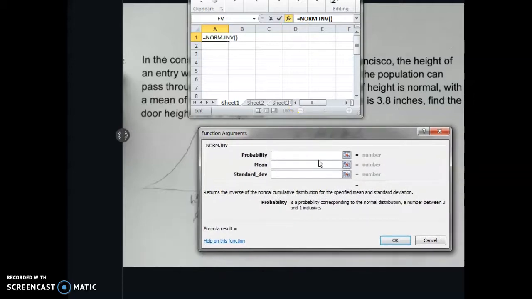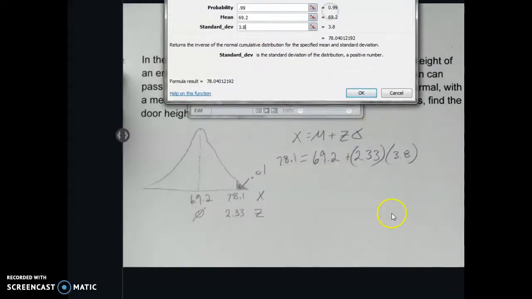So the probability we just established is 0.99, the mean is 69.2, and the standard deviation is 3.8. If you do that correctly, you get 78.04, which is close enough to what we had here, 78.1 inches. So, two routes to the same end.